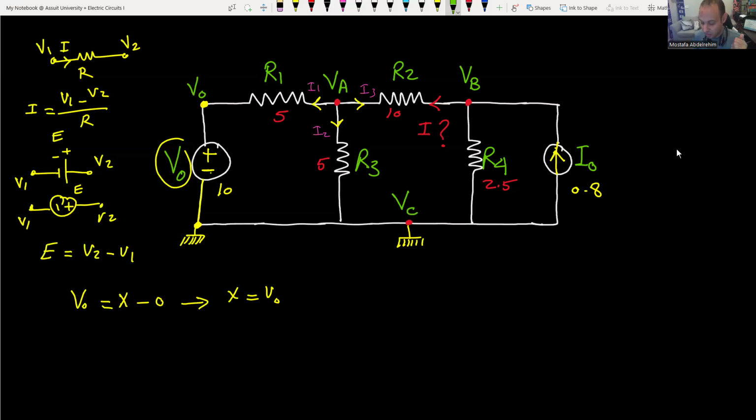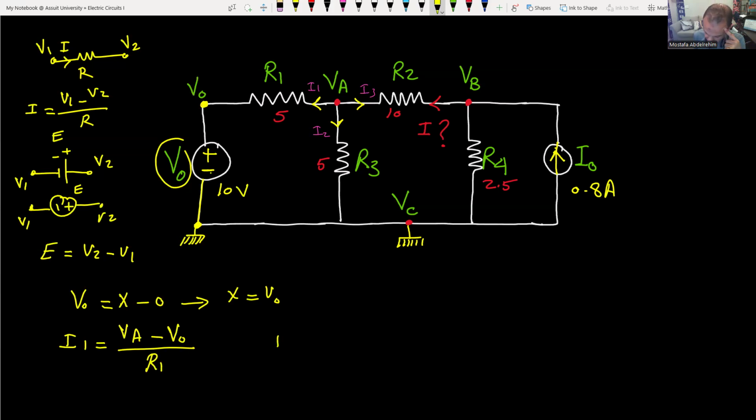So we can construct an equation for I1 now. I1 equals VA minus V naught, where V naught is known, it is 10 volts, and I naught is known as 0.8 amperes, divided by the resistance, which is R1.